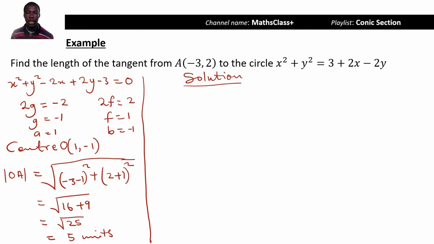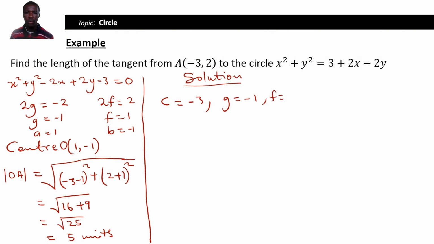Now we know the length there, so we also try to find the radius. So looking at the equation, our c is equal to negative 3. Then our g is equal to negative 1, and our f is equal to 1.